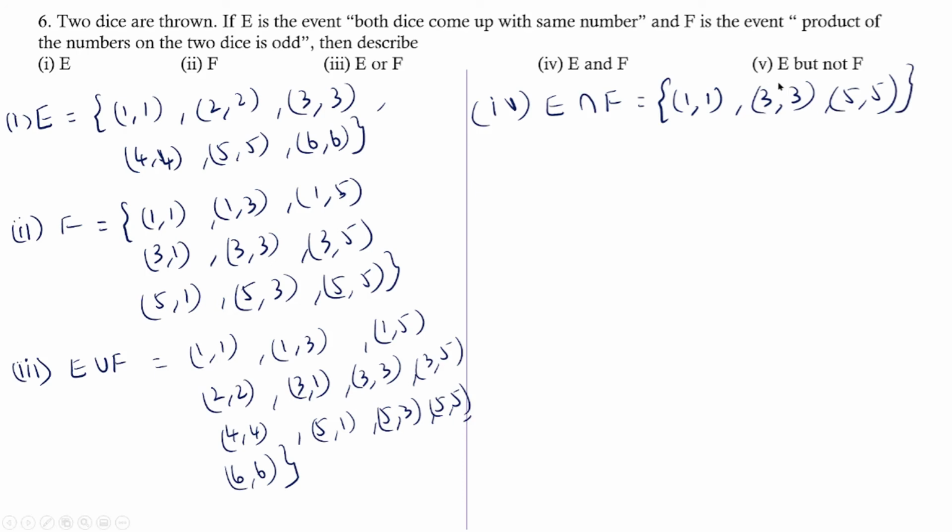Then the next subdivision, E but not F. E but not F will be E minus F. So it consists of all those outcomes of E but not in F. These are 2 2, 4 4 and 6 6, because the other outcomes 1 1, 3 3, 5 5 are there in F. So E minus F consists of these outcomes.